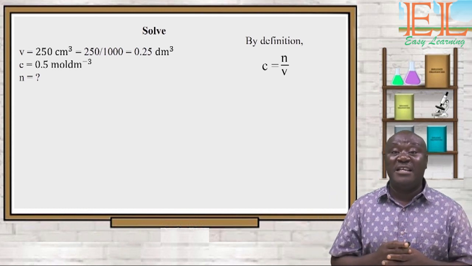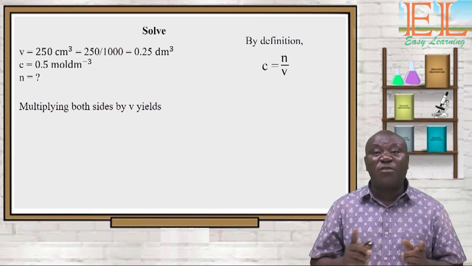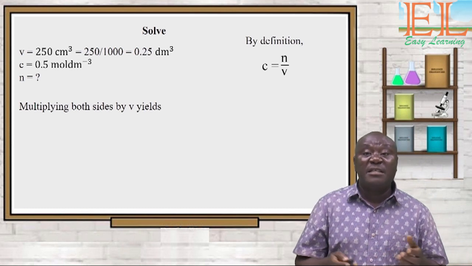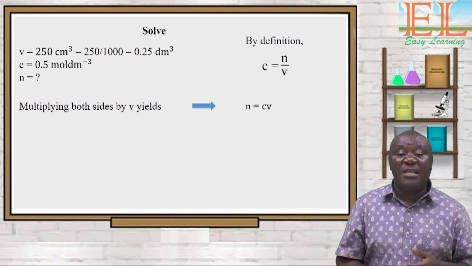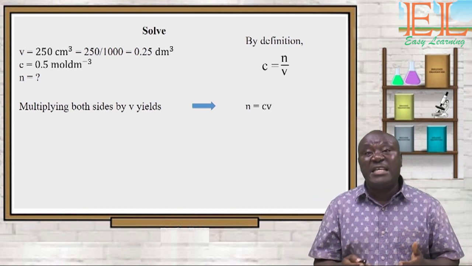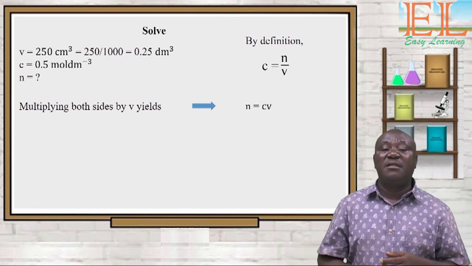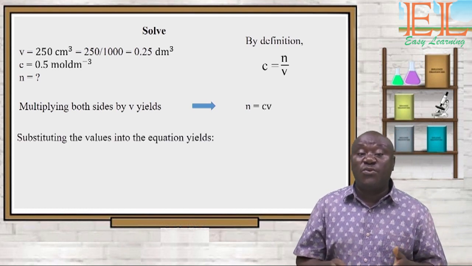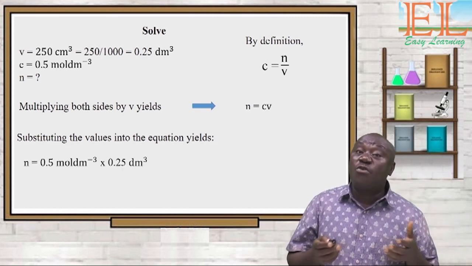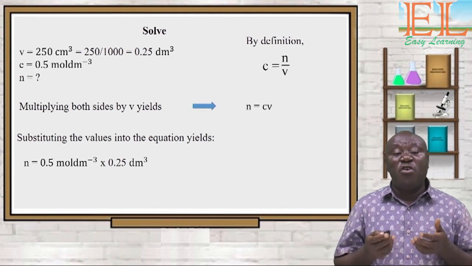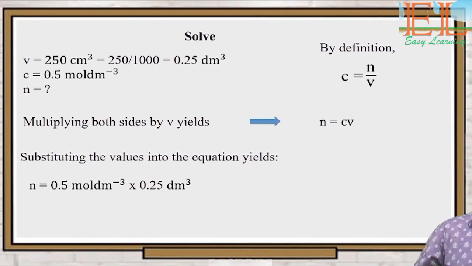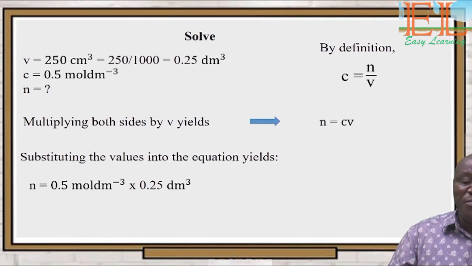You will agree with me that we have to multiply both sides of the equation by the denominator, and that is V. And when we multiply both sides of the equation by V, we'll arrive at n is equal to C times V. Let us substitute the values into the equation, and that will yield n is equal to 0.5 moles per dm cube multiplied by 0.25 dm cube.